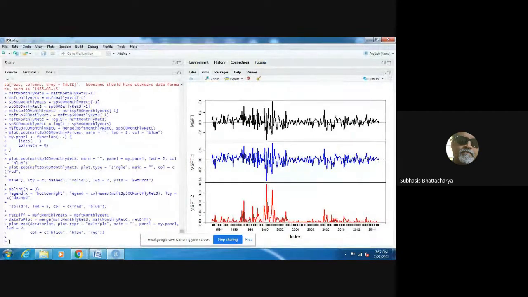Now they are scaled in the same time. Look, the top panel shows the simple return, only for Microsoft. The middle panel shows the continuously compounded return, and the bottom panel shows the difference between simple and continuously compounded.